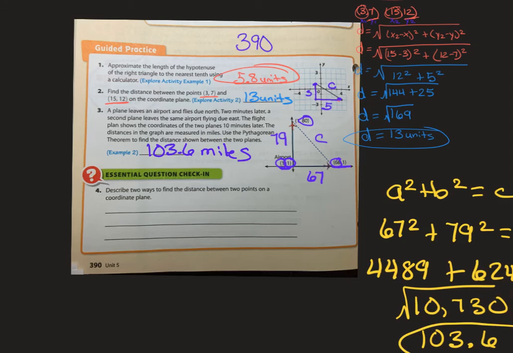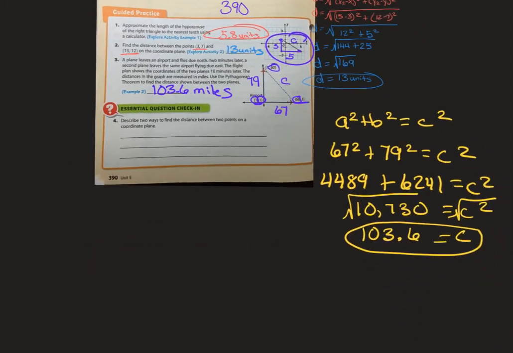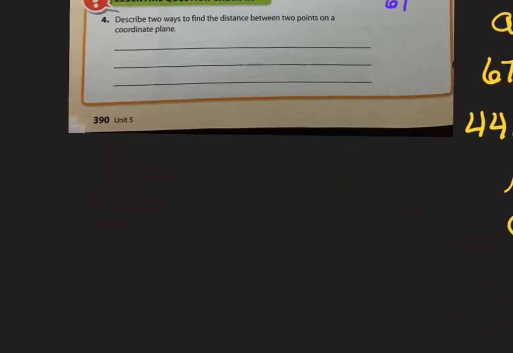Okay, so we're going to describe the two ways to find distance between points on the coordinate plane. The two ways we did it, we're drawing the triangle, like right here, and using our distance formula, right? So let's say, I'm going to write it down here just because it shows up better.